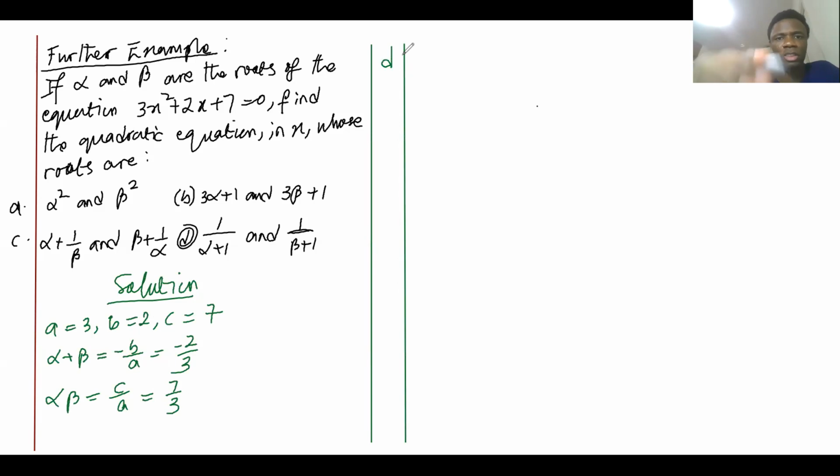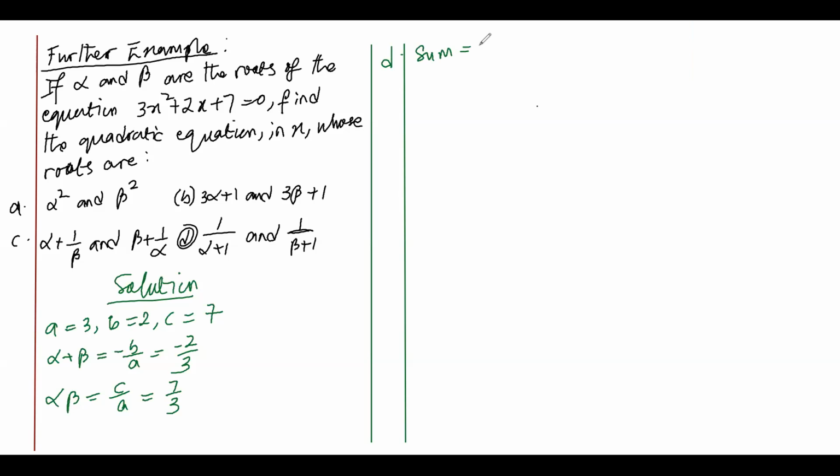So now we're starting with D. Then we can find the sum, and the sum is 1 over alpha plus 1 plus 1 over beta plus 1. Then, just like we did earlier, the LCM is these two.